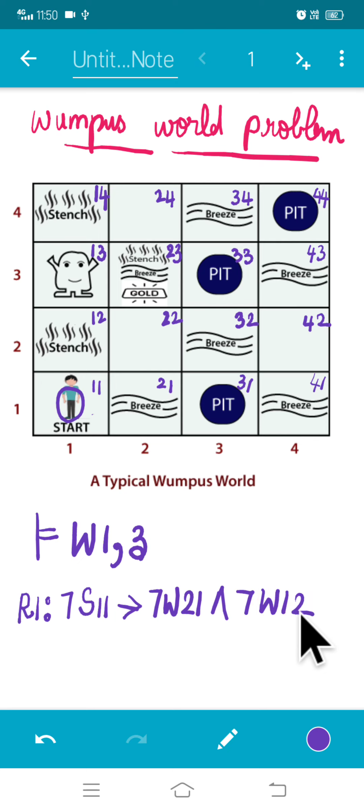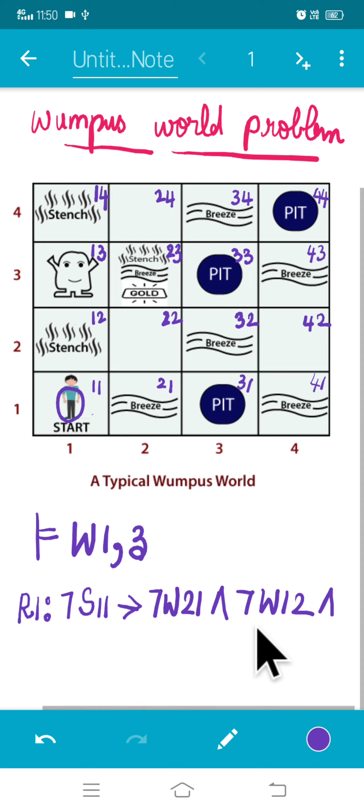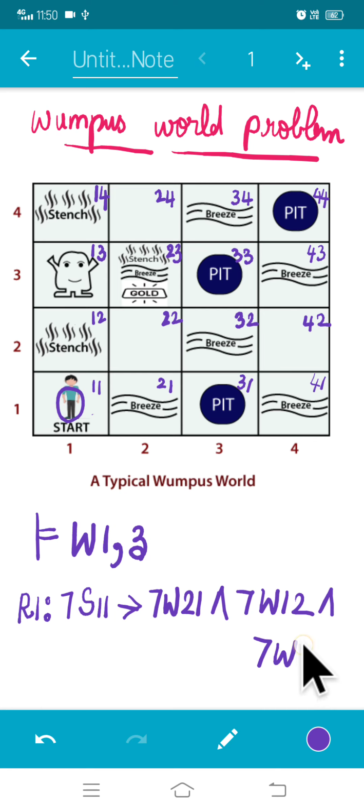And for the current cell also, for safer conditions, we know that the agent is present in 1 comma 1, so we write that no Wumpus is present in 1 1. So this we can say is rule number 1.